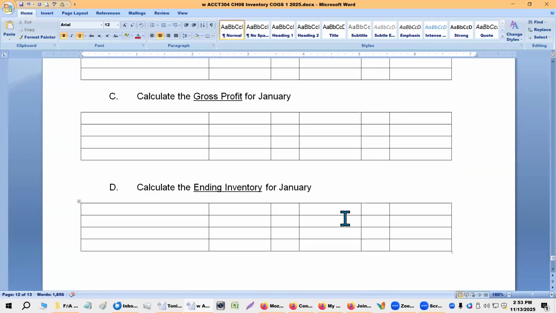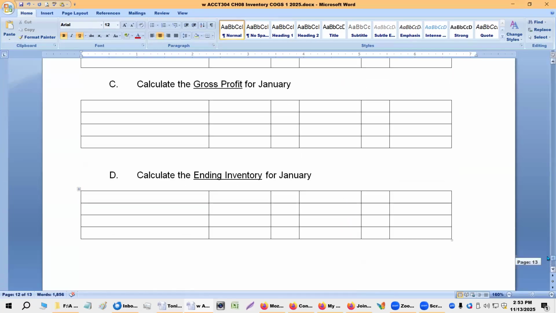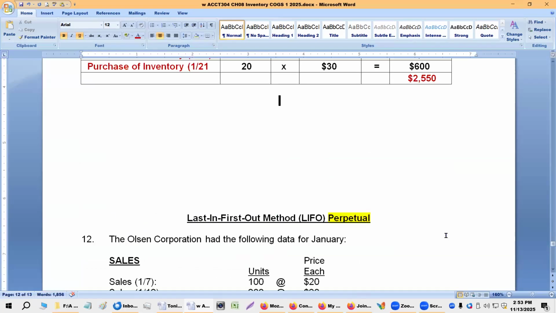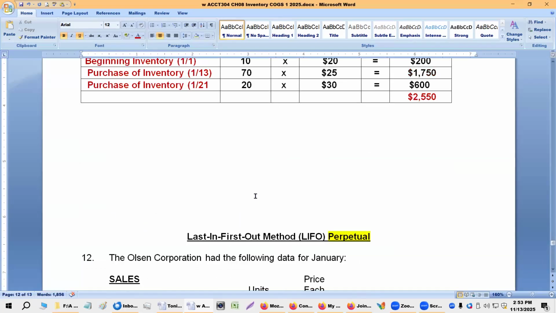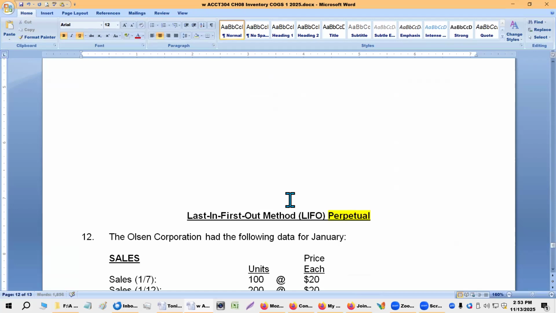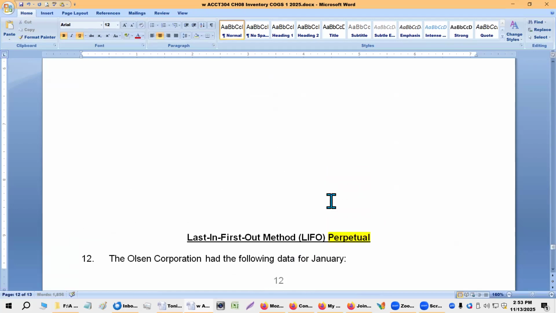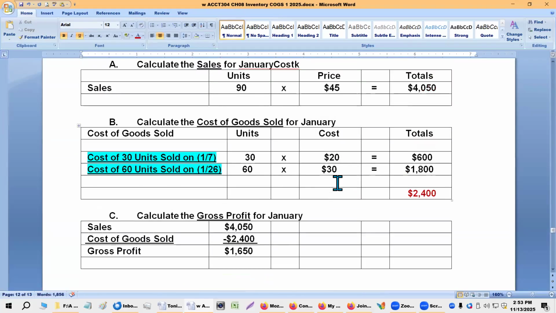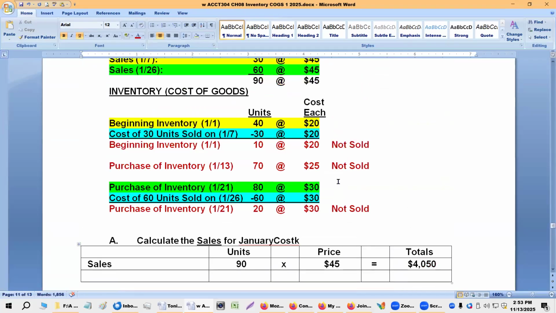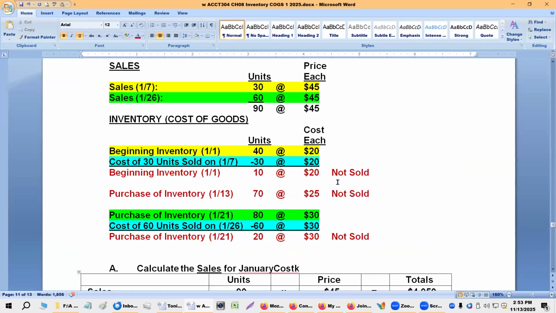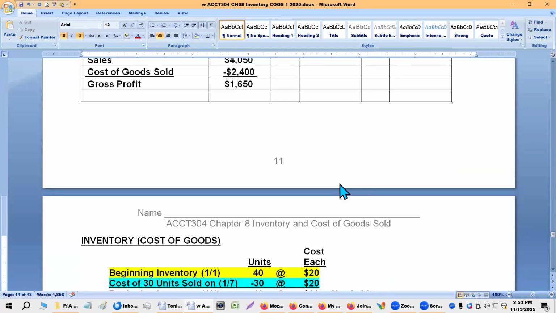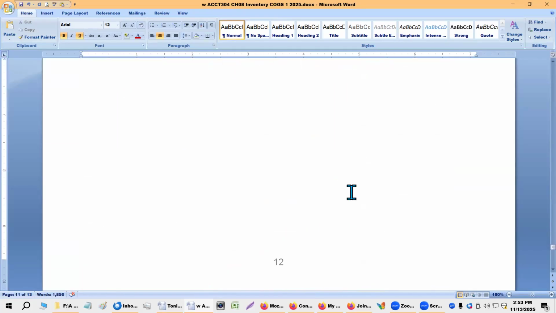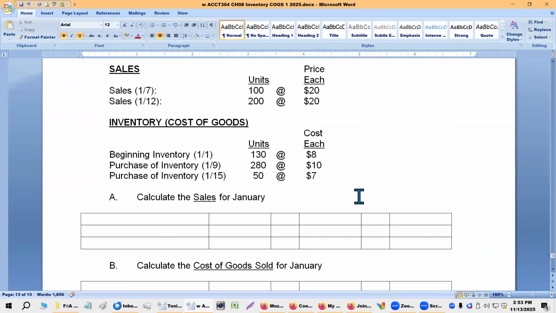This is the only one I have. Let's skip this one. I'm going to do one like the book. Well, I'll tell you what. Is this the first one we did? Wait a minute, I mean last-in, first-out perpetual. That's the only one we did. We've got to do one more.